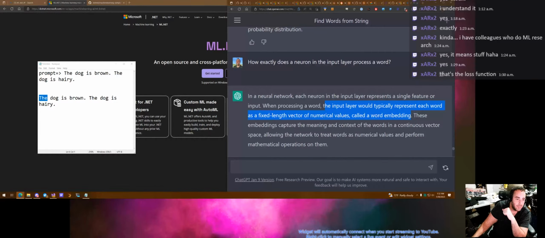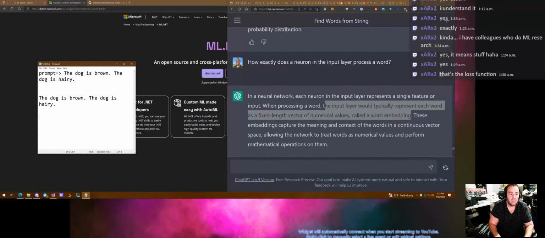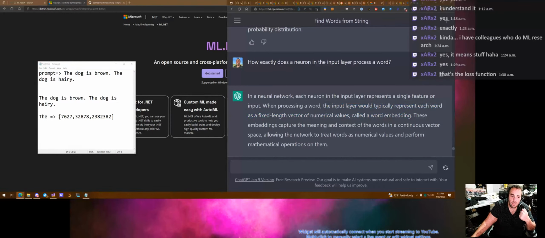So my understanding is it takes the word and turns it into, well, if this is our vector, right? A three-dimensional vector, I think that's what that would be based on what I learned. And so this would be a word embedding, I guess, right?